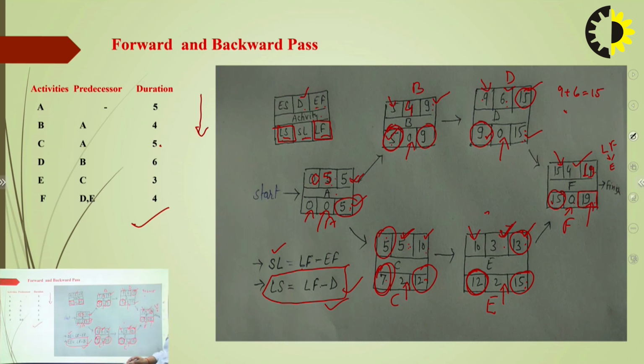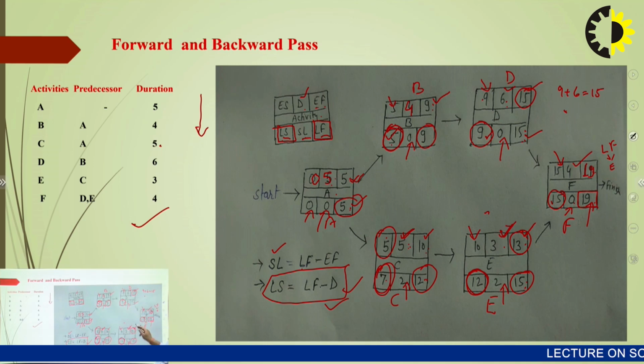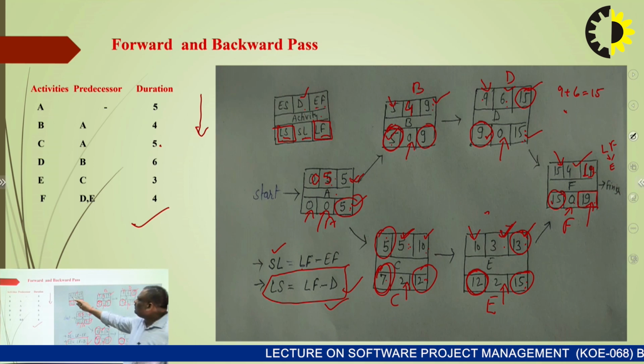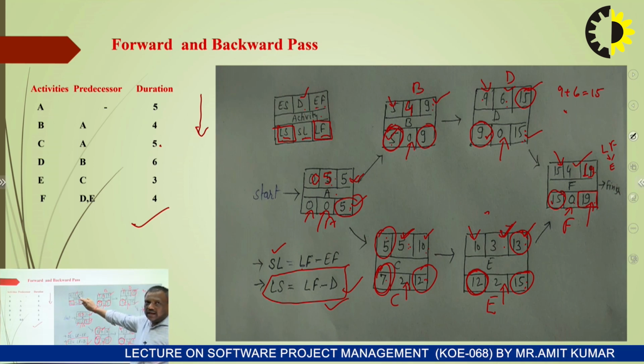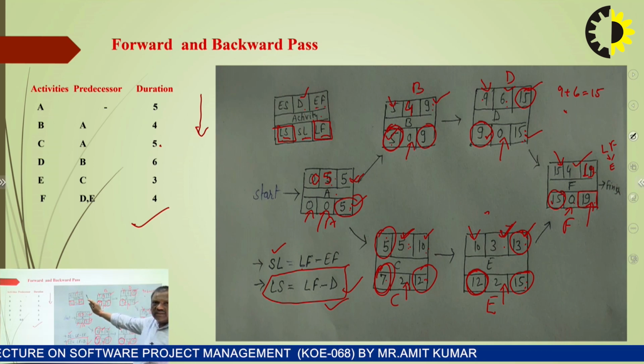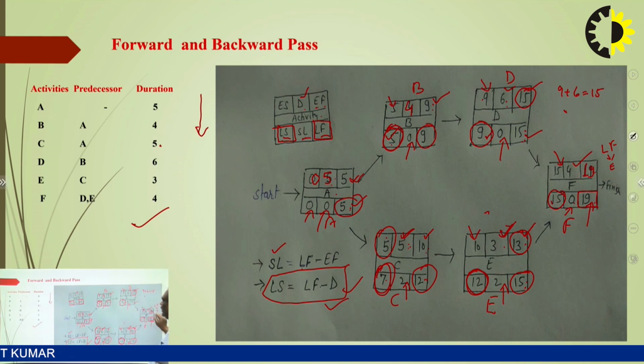So with this network diagram, we find each value of earliest start, earliest finish, latest start, latest finish, and float value with the help of the duration of each activity.